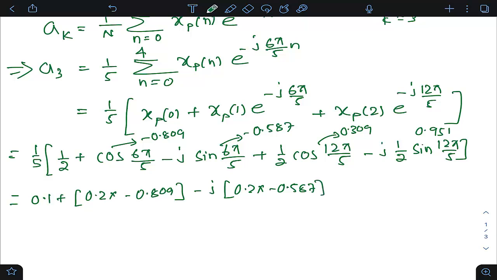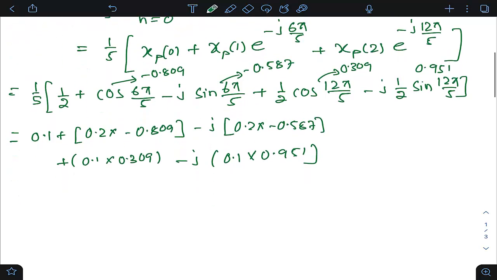Then again you have 1 by 5 into 1 by 2 is 0.1 into cos 12 pi by 5, which is 0.309, and then you have minus j into, again this is 0.1 into 0.951, right? So this is the calculation you have to do.